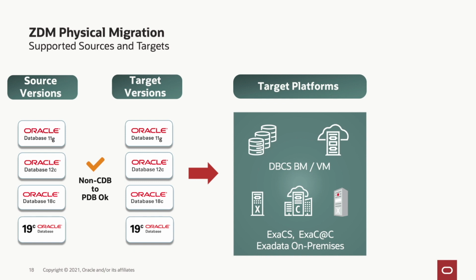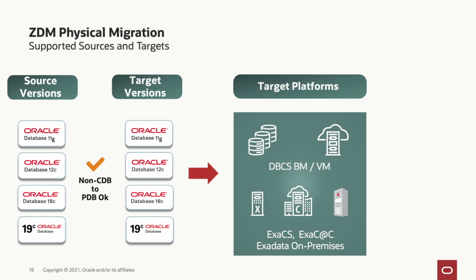This is not the case anymore. ZDM now allows for non-CDB to PDB, or pluggable database, migration. With the physical workflow, there's a bit of an offline period during the conversion. Once you have migrated the database, we perform a plug-in operation, but we have that in support now, which we didn't have before for physical migration.